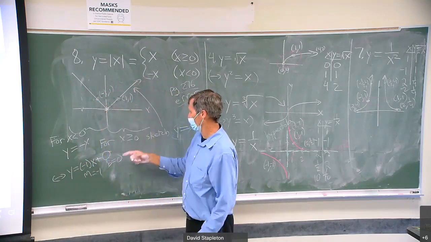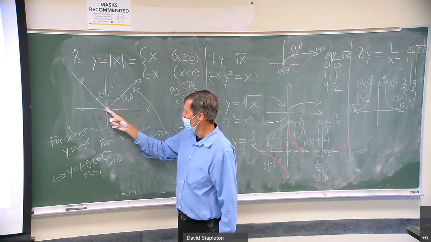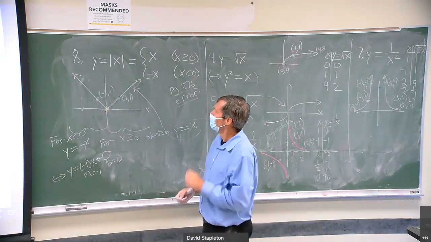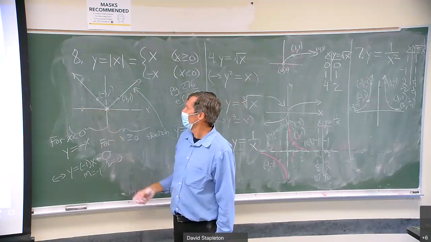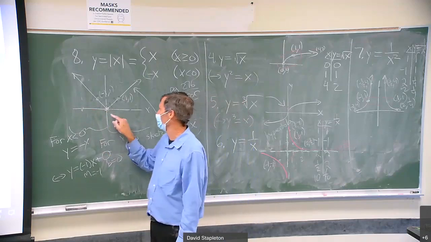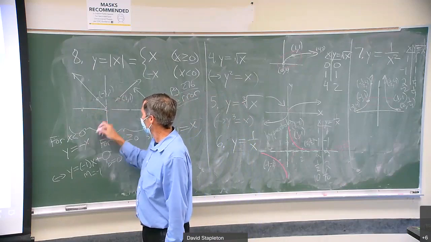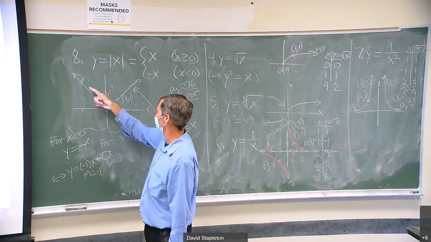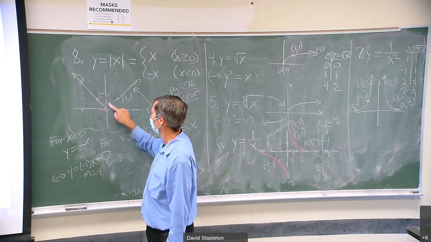This half line, y equals x, is for the non-negative coordinates. This half line, also called a ray, is for x less than 0. This one you don't include 0, 0, right? Because it's only for x less than 0. We call this an open ray because it doesn't include the endpoint.